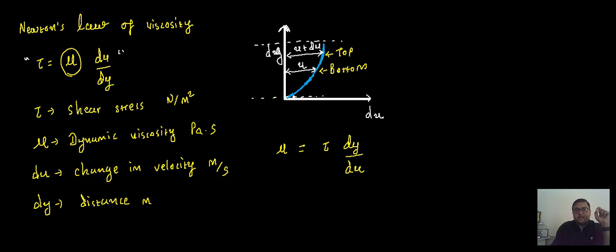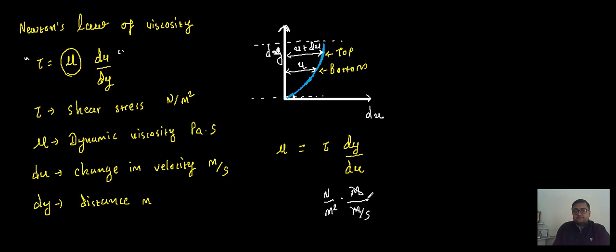What is the unit of tau? Tau means shear stress, so it has a unit of Newton per meter square, into the unit of dy, which is meter distance, and the unit of du, which is meter per second.